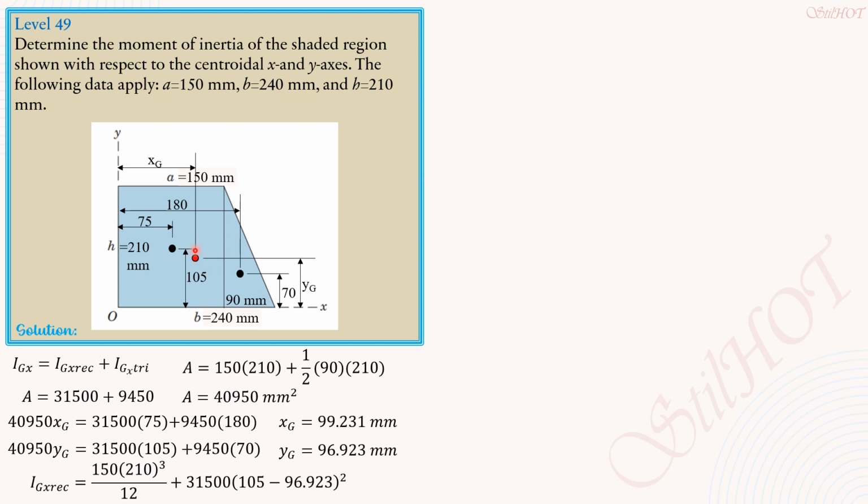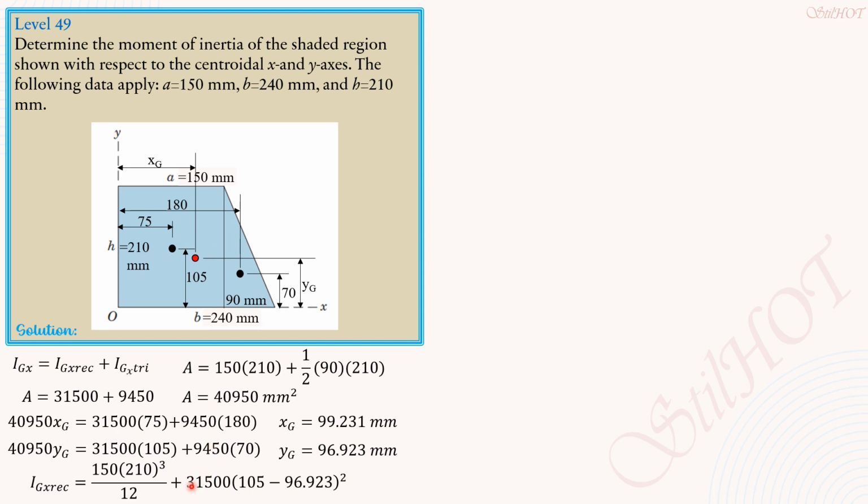That's why we have the area of the rectangle times the quantity 105 minus 96.923, squared. So IG x plus area times p squared, where p is the distance between the centroidal axis of the entire area and the centroidal axis of the rectangle.